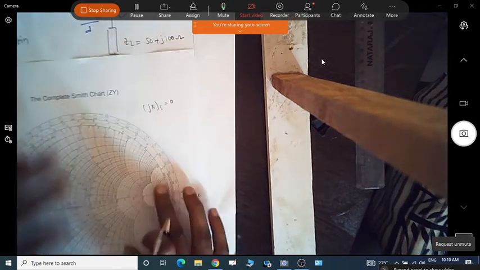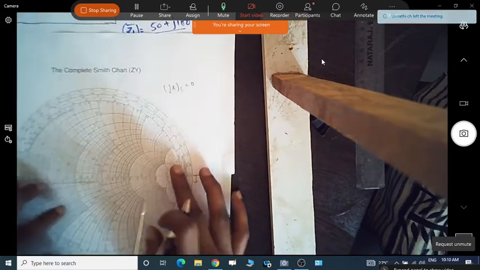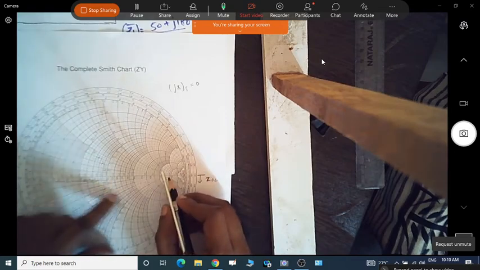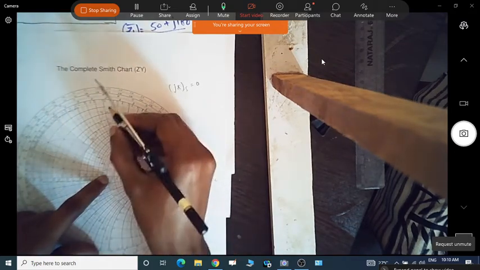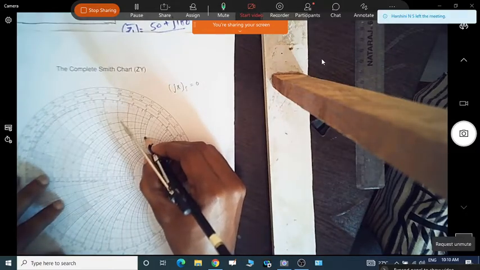Now let us locate the normalized value ZLN, that is 1 plus j2. So we have here 1 plus j2, this is the point where we have the normalized value.